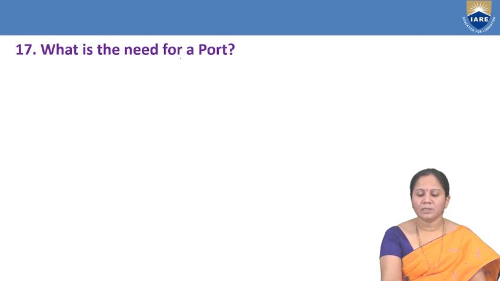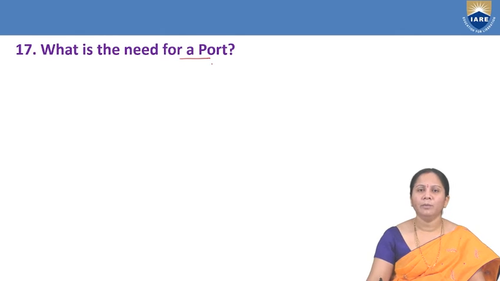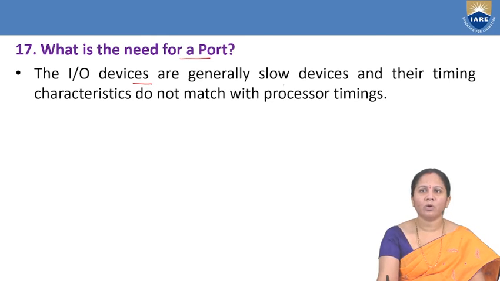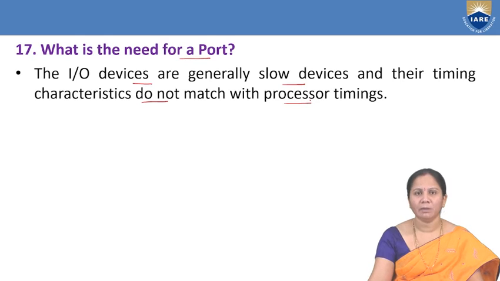Next, what is the need of a port? A port is used to connect peripheral devices. The I/O devices are generally slow devices and their timing characteristics do not match with processor timings.